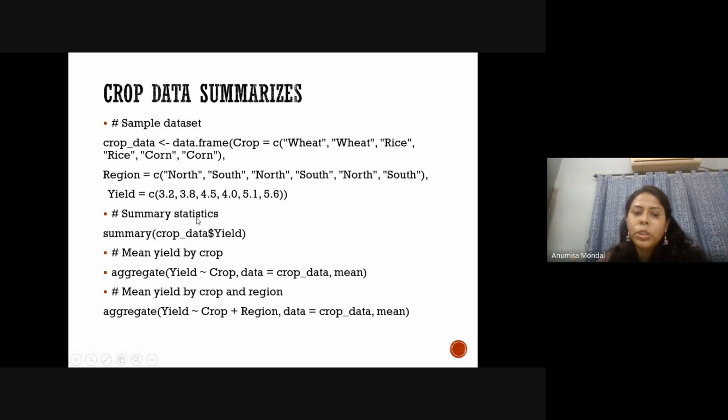Then I have used summary statistics by using summary on crop data and yield. Whenever I write crop data and yield, it gives only this value, because this data is given in data frame form. It gives you a matrix.